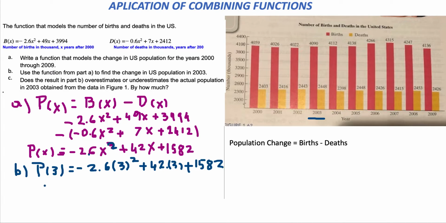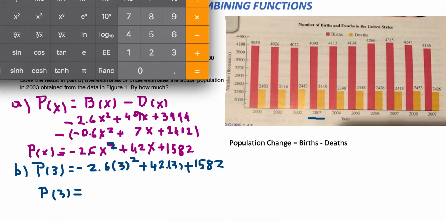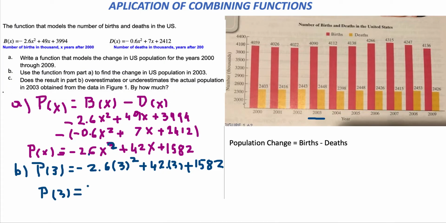And P of 3, now we can find everything here. Let's take a calculator and calculate 2.6 times 3 squared, which is 9, times 9, which equals 23.4.